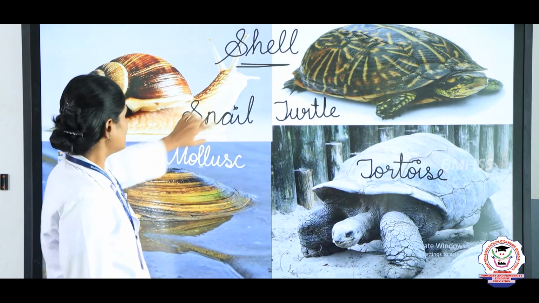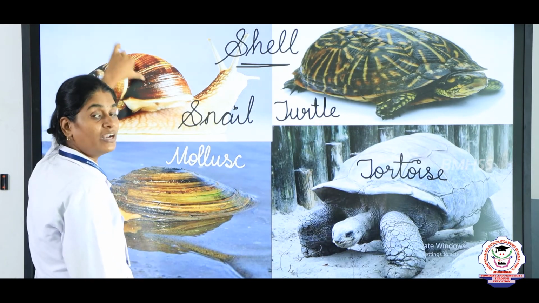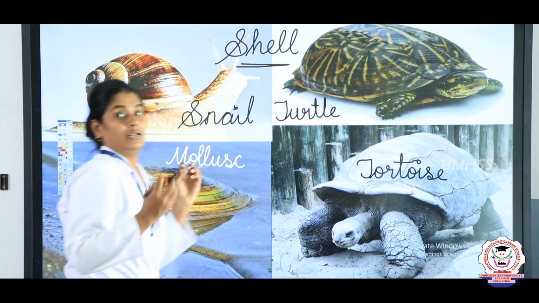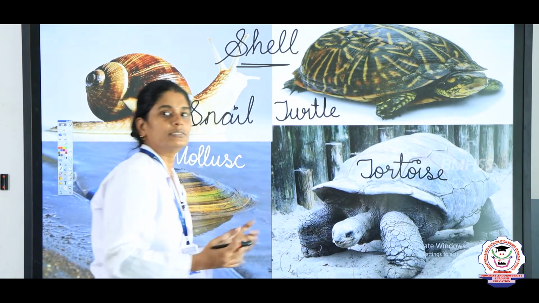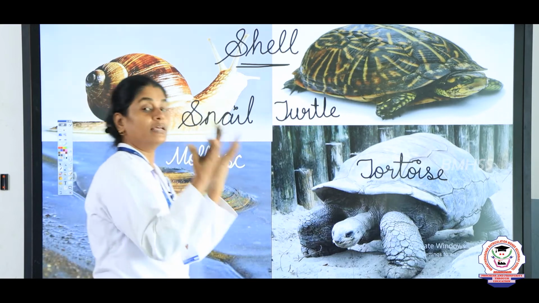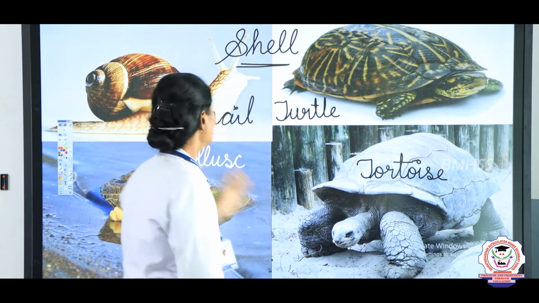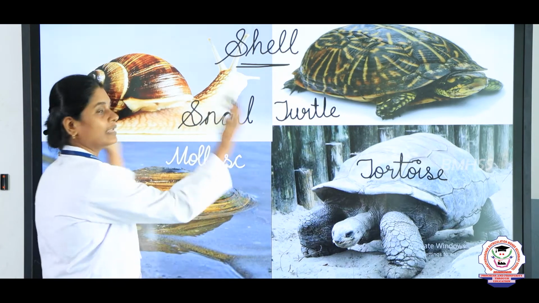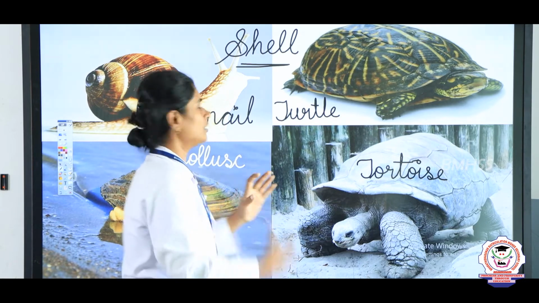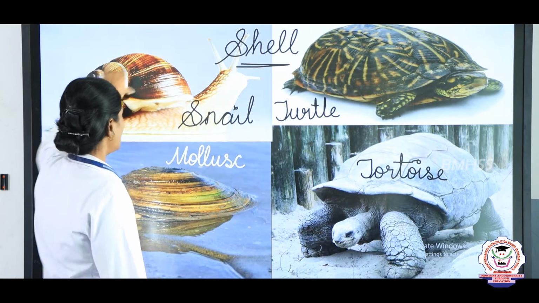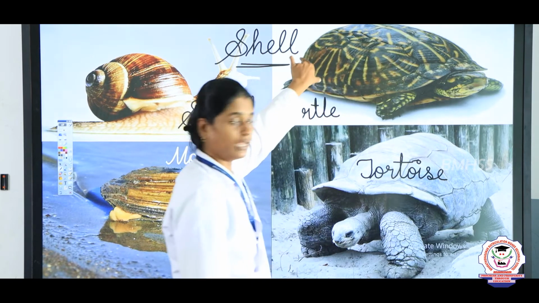You can see here in the snail, this is a shell. When an animal feels some danger from enemies, it protects itself by hiding in the shell. So snail and turtle have a shell as body covering.